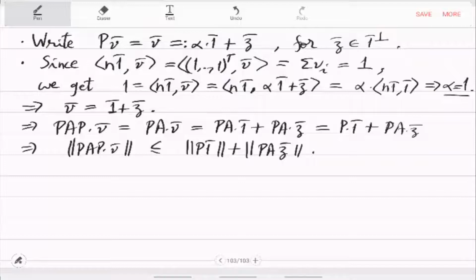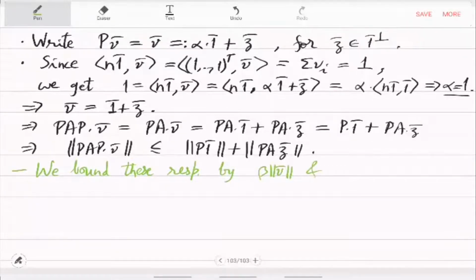So let's do that in detail. We bound these respectively by beta V bar and lambda V bar, proving the claim.